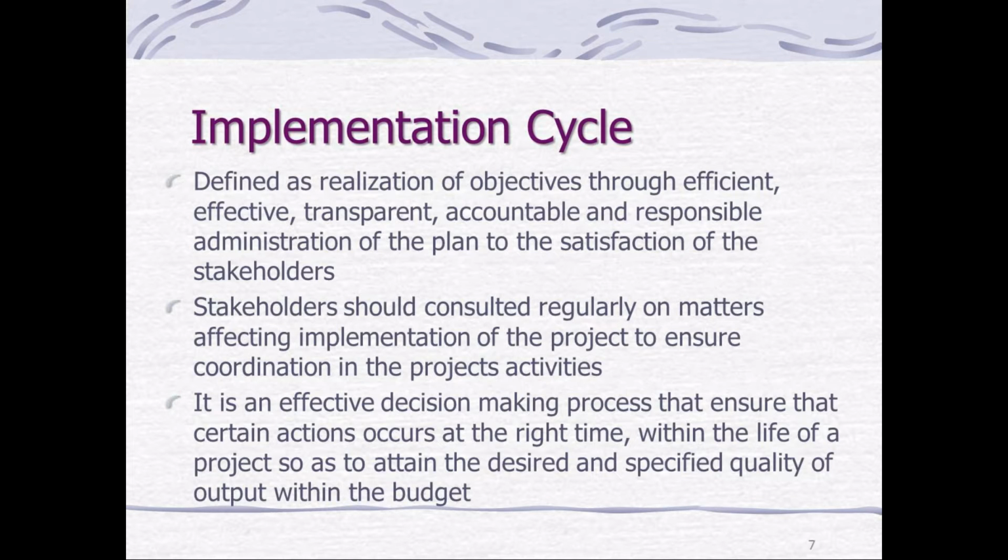The implementation cycle is an effective decision-making process that ensures that certain actions occur at the right time within the life of a project so as to attain the desired and specified quality of the objectives and the budget.